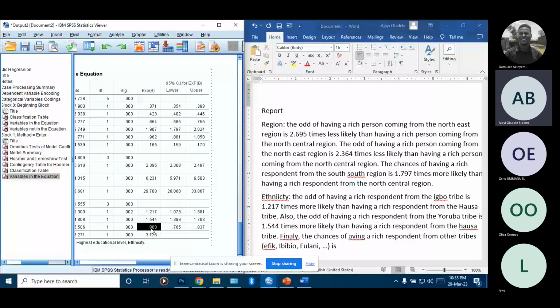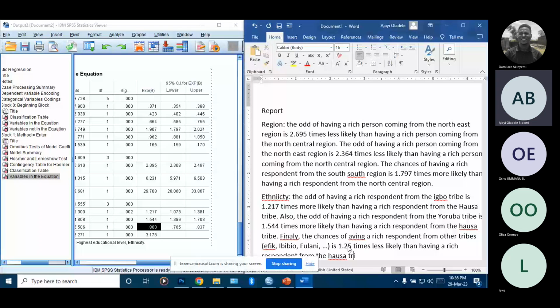So you say it is 1.25 times less likely than having a rich respondent from the Hausa tribe. What this is saying basically is that the Hausa tribe are richer.